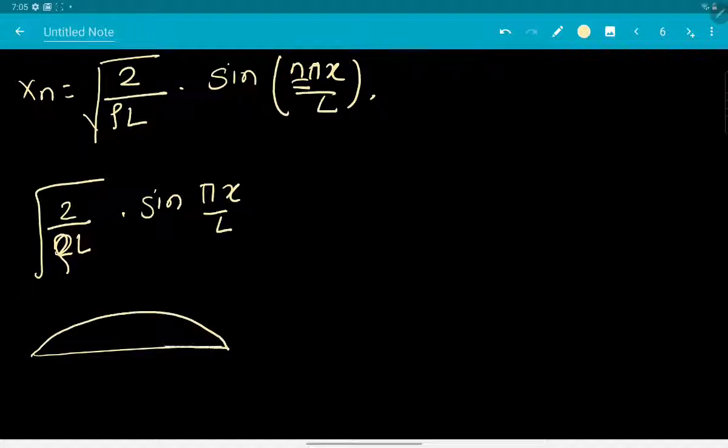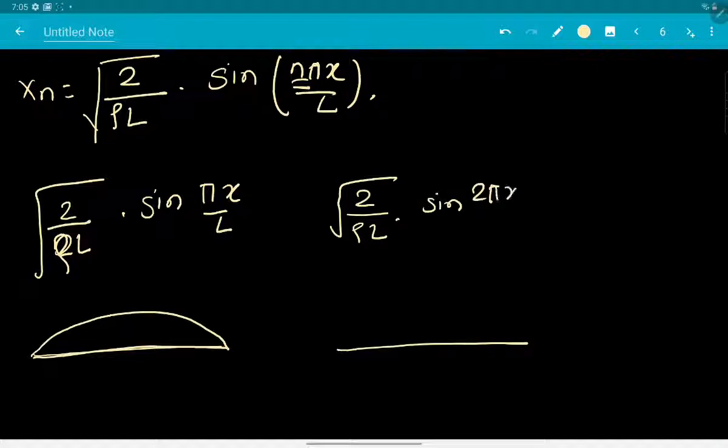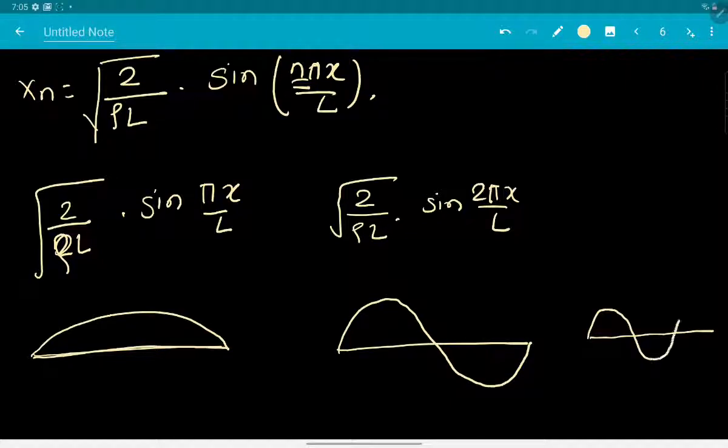This is the first mode shape. If you decide to plot the second mode shape, which will be square root of 2 over rho L times sine of 2 pi x over L, then it would look like this. And the third mode shape will be like this.